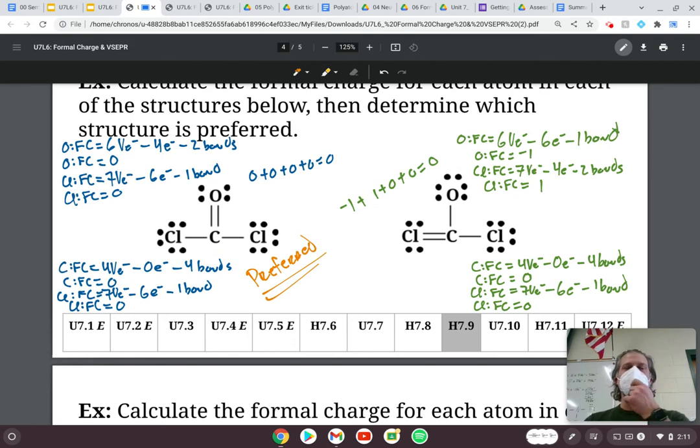Okay, so even though both structures' total formal charge is 0, the one on the left has 0 for carbon, 0 for oxygen, 0 for chlorine, and 0 for chlorine, that means it's the most preferred structure. Does that make a little bit of sense?